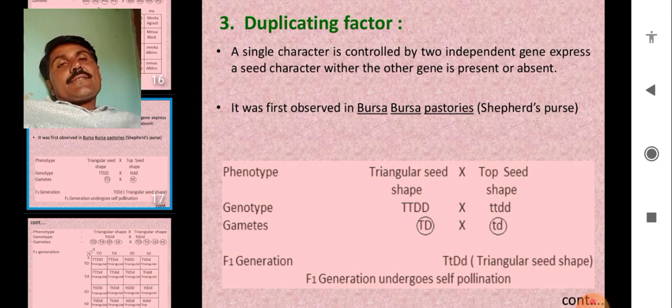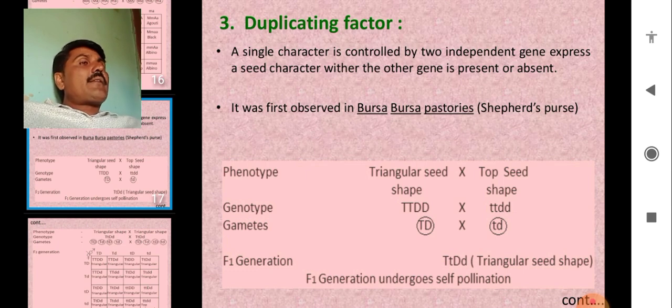When these are crossed, what we get in the first filial generation is the triangular seed. But now the genotype is somewhat different from the parental triangular seed.